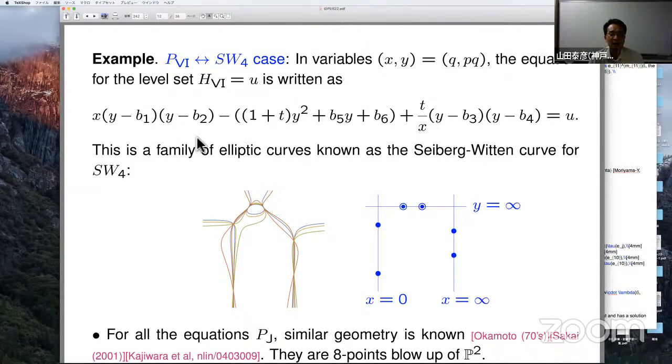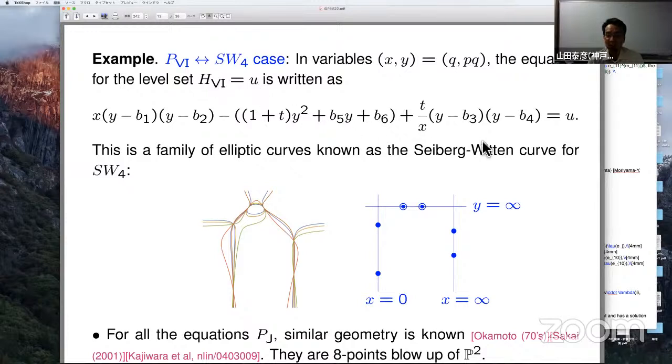We see the factorized structure in the top term and the bottom term. The picture of the curve is like this. This is a one-parameter family of elliptic curves of bidegree (2,2), and U is the value of the Hamiltonian.